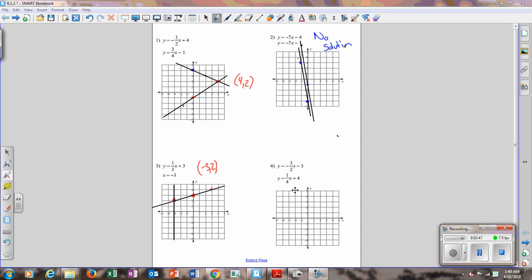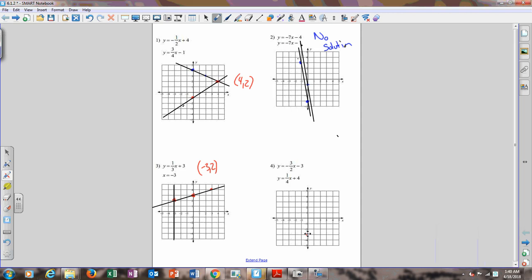All right, number 4. Go down 3, make a dot. Then you go up 3 and left 2, or down 3 and right 2. See, it takes me off the grid. So I'm going to go up 3 and left 2 again. You go up 4, make a dot.